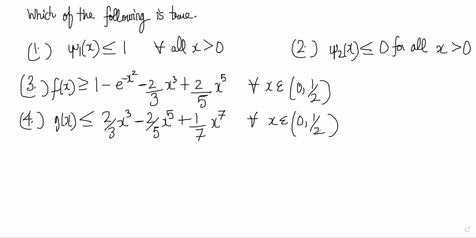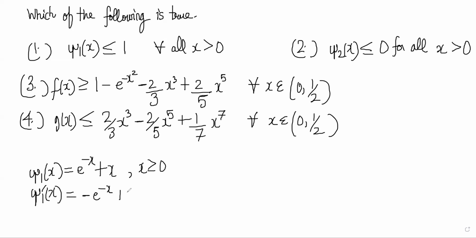Okay, so we'll start off with the easy steps here. We know that psi 1 x was what? Psi 1 x is e power minus x plus x for x greater than or equal to 0. So what is the derivative of this? Psi 1 dash x is minus e power minus x plus 1. Now think about it.